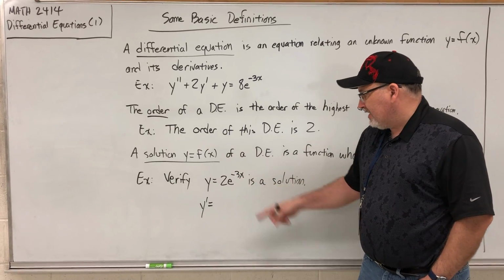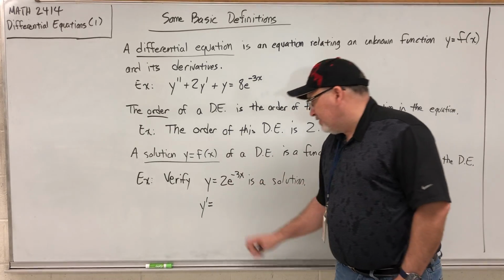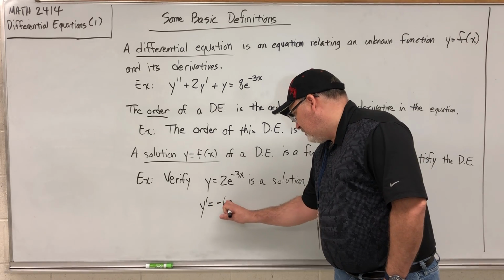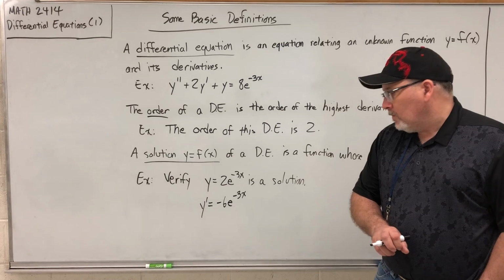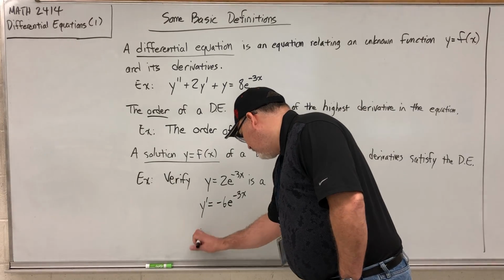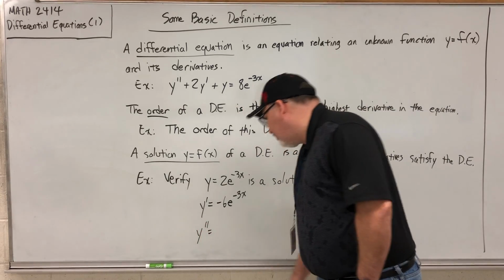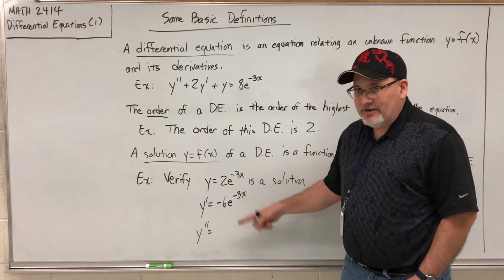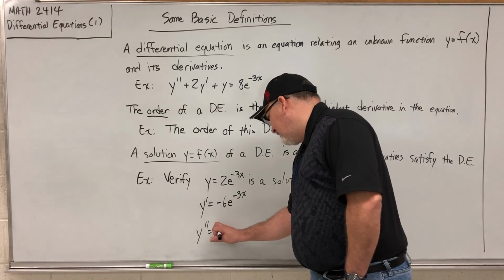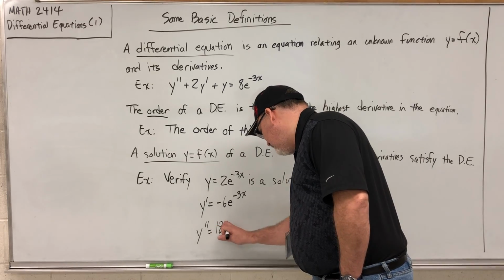So the derivative of the exponent is negative 3. Negative 3 times 2 is negative 6. And so our first derivative is negative 6e to the negative 3x. And for the second derivative, we just take the derivative of the first derivative, which again invokes the chain rule, and is going to multiply by another negative 3. Negative 3 times negative 6 is 18.